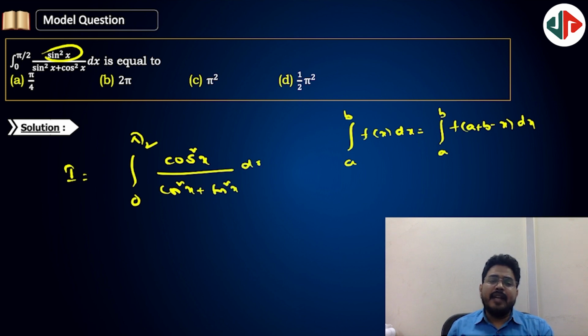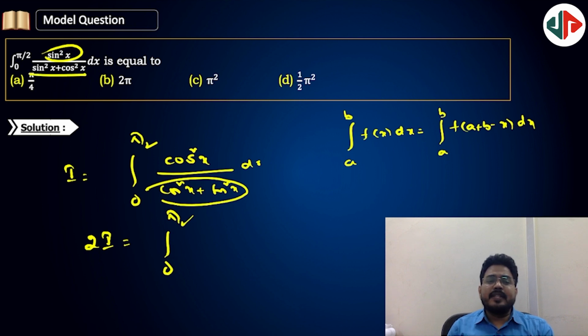When you add these two, 2I will be equal to integral 0 to pi by 2. The denominator here and here is the same, and the numerator is sin square x plus cos square x by sin square x plus cos square x dx.